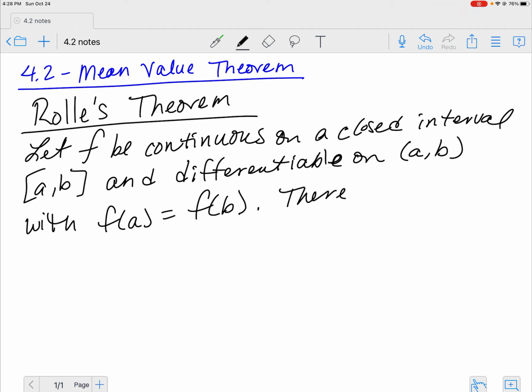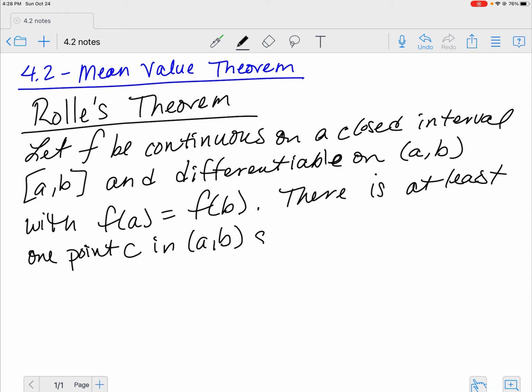If that is happening, there is at least one point C in this interval such that the derivative at C equals 0. All right?